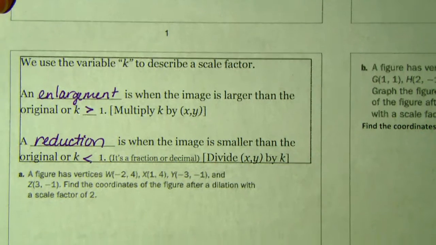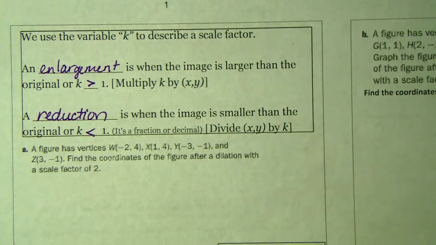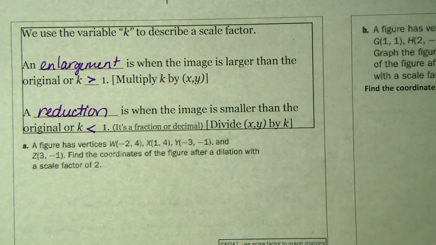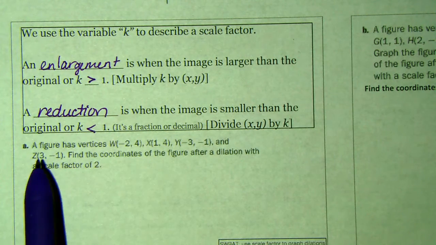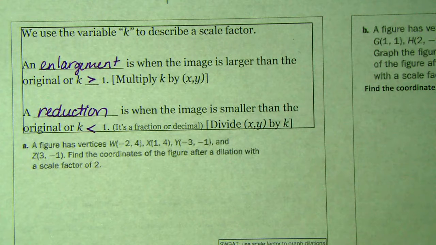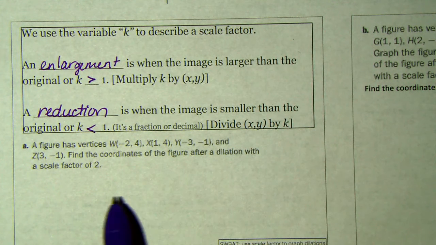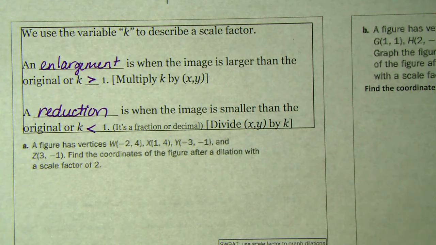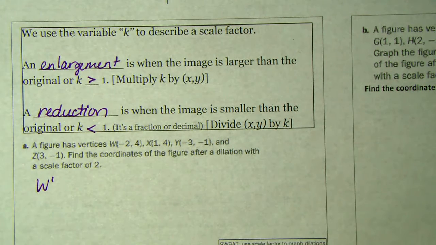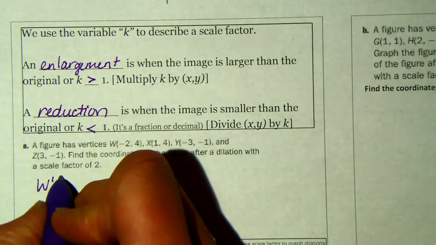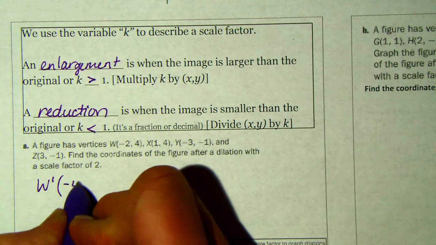So here's what we do. Let's say here are our vertices, W, X, Y, and Z. Find the coordinates of the figure after a dilation with a scale factor of 2. All you have to do is take every single number times 2. So W prime, because that's how we note it after the dilation, is going to be -4, 8, because we take -2 times 2 and 4 times 2.